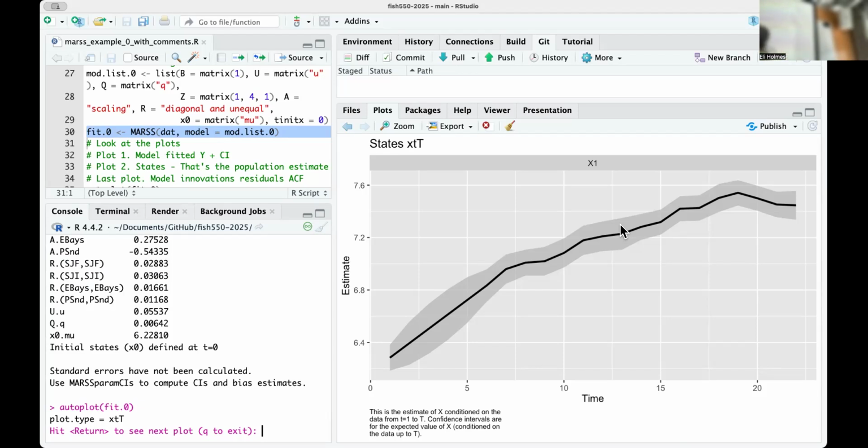And these confidence intervals are the, actually, I don't remember, is this 80% or 90%? I don't remember that off the top of my head. So it's the confidence intervals on the expected value. So this is the expected value conditioned on all the data. And this is the confidence intervals about that expected value.